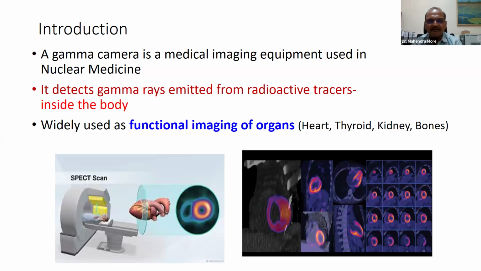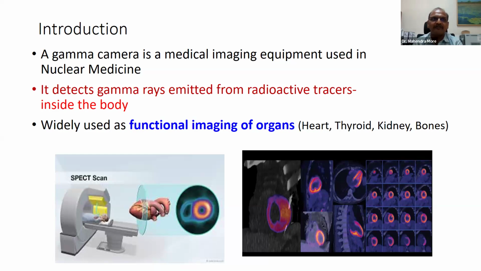Now if you see the image, it is the SPECT scan of the heart. Whether the heart myocardium is functioning or not, we are able to detect with the gamma camera. It can be a single head gamma camera or a dual head gamma camera. It has diagnostic capability for the functioning of the thyroid and kidney.